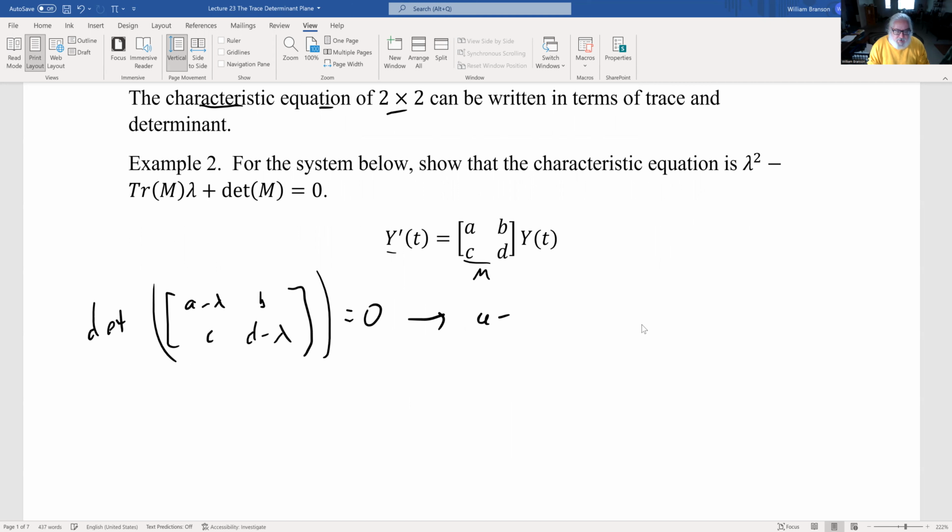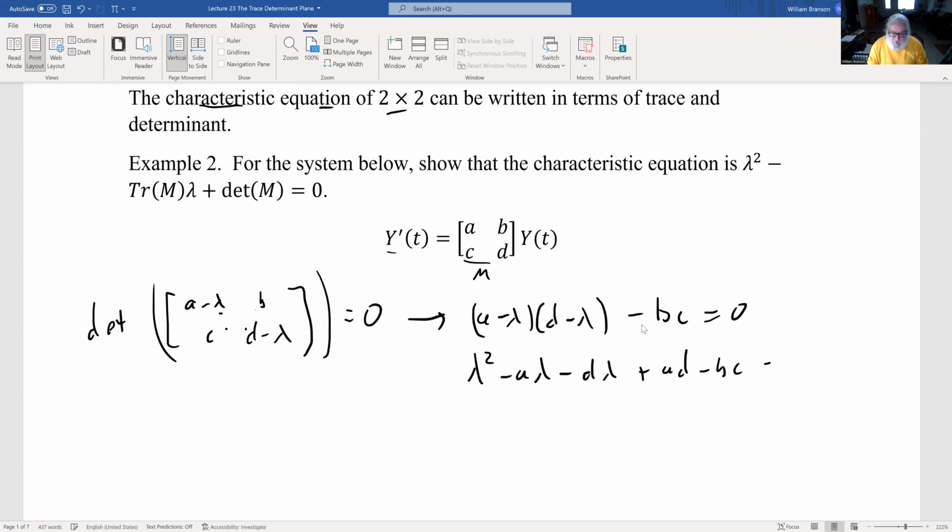If we multiply that out, it's A minus lambda times D minus lambda minus BC equals 0, because we multiply this times this minus that times that. And if you multiply that out, that becomes lambda squared minus A lambda minus D lambda plus AD minus BC equals 0, or lambda squared minus the quantity A plus D times lambda plus the quantity AD minus BC equals 0.